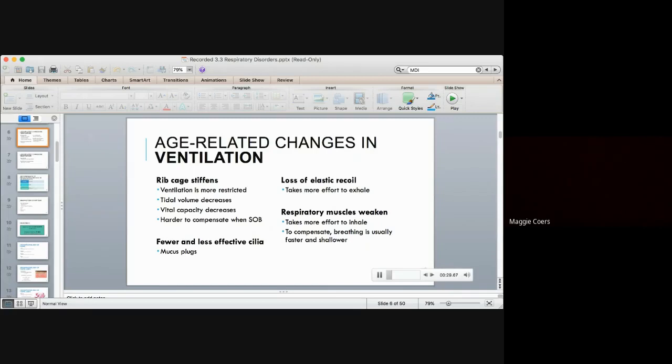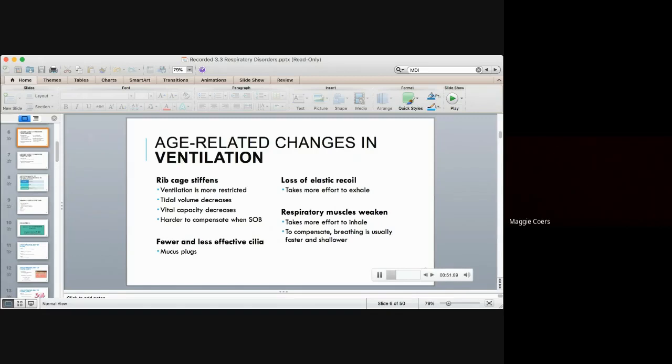So the first big change is the rib cage stiffens, and this means that the older adult has less room in their lungs for air because of the stiffening, and the ribs just aren't as compliant as they were when they were younger. There are fewer and less effective cilia also, and cilia motion.